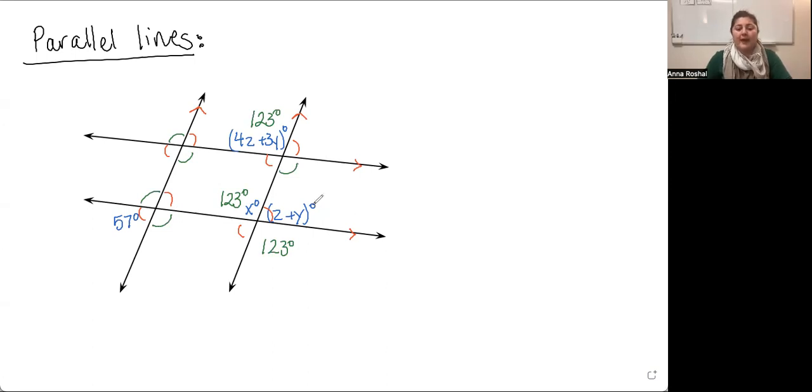So we know that Z plus Y is, oh, sorry, just kidding, it's 57 degrees. So let's put that in. And we also know that 4Z plus 3Y is 123 degrees. So we know this information here and this information here.